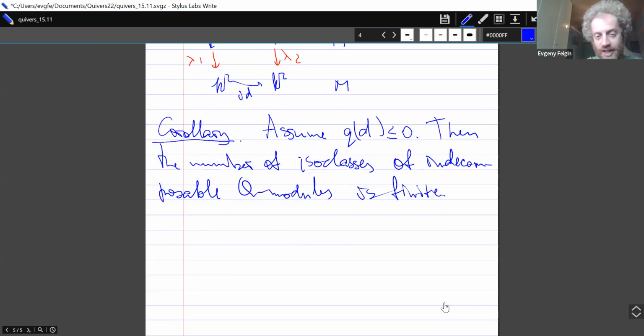You see, this statement is kind of close to what we've just proven, but it's a bit different. It says that if you found any vector D such that Q of D is non-positive, then the number of isoclasses of indecomposable Q modules is infinite. So why?